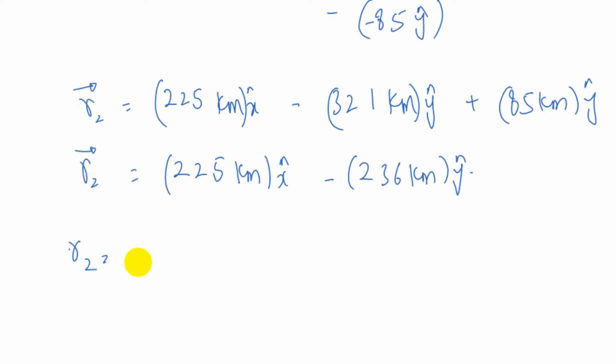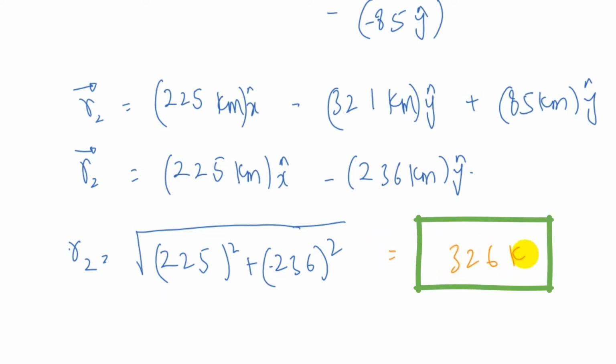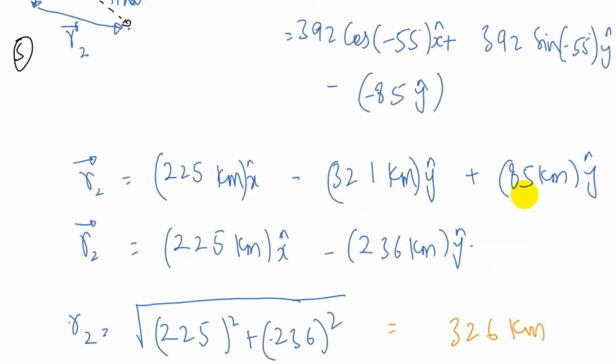So R2 would be equal to under root 225 squared plus minus 236 squared. On solving this we'll get this value to be 326 kilometer. So this would be the answer for the A part.